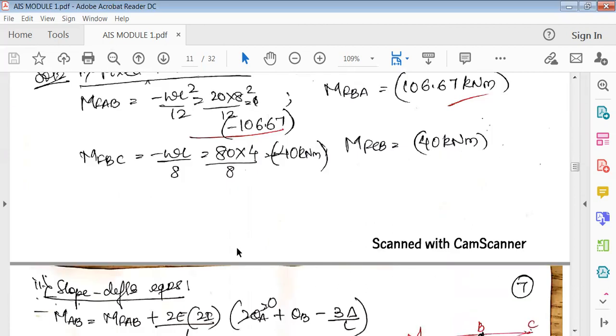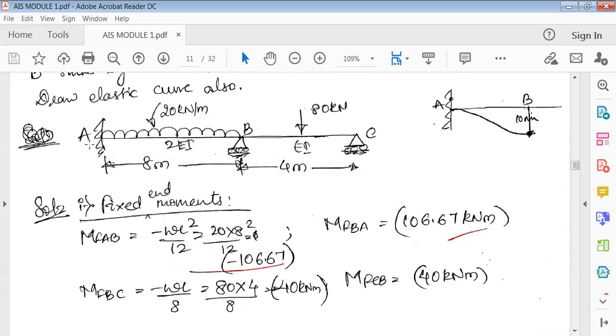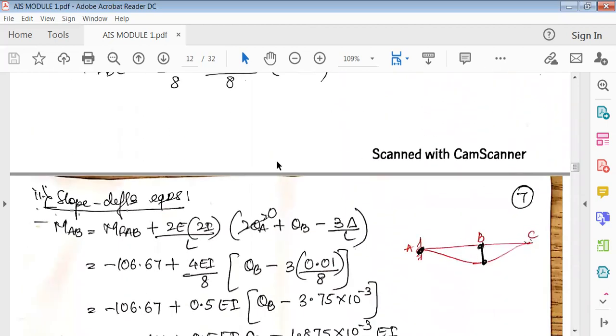Now what changes is in the second step, that is the slope deflection equation. You can see here MAB, the slope deflection equation, that is MAB is equal to MFAB plus, first write the formula, 2EI by L, then 2 times theta A plus theta B minus 3 delta by L. Now, whenever they ask you the sinking of the support, this parameter should be considered.